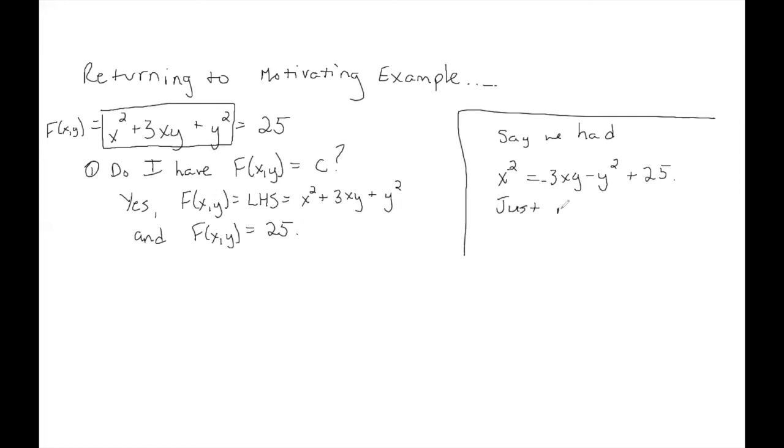Just solve so that there is a constant on one side. So just bring the negative 3xy and the y squared over to this side.